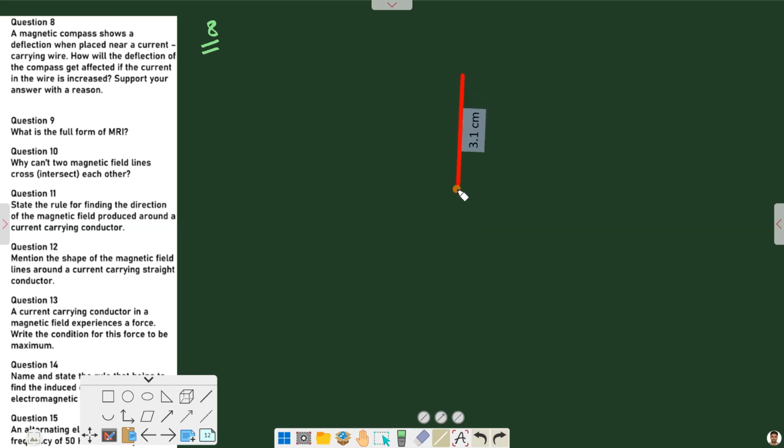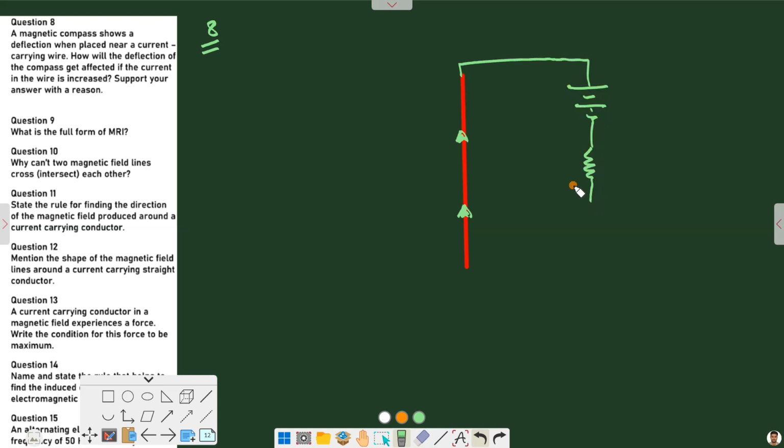Suppose we have a conductor like this and it is carrying current from bottom to top, in the upward direction. Now give it a connection with the battery and a resistance R. Here is the resistance, here is the battery. Current will flow from the positive to the negative terminal.